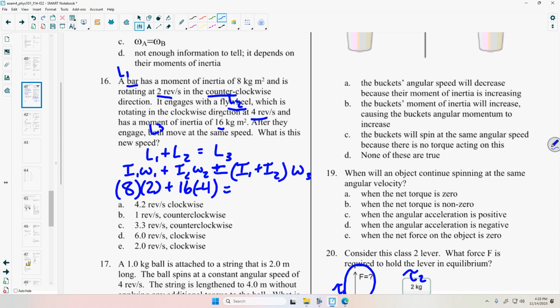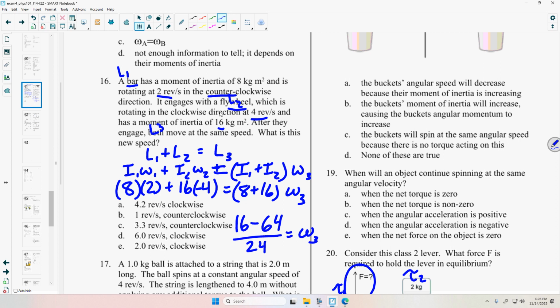Then I add these together, 8 plus 16 times omega 3, and omega 3 is the final velocity of both of them after they've engaged together. That's 16 minus 64, divided by 8 plus 16, which is 24, omega 3.